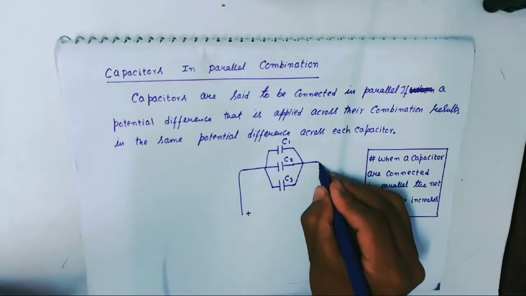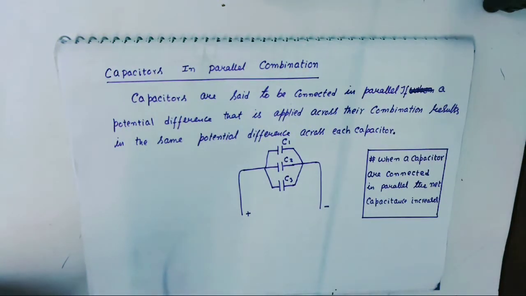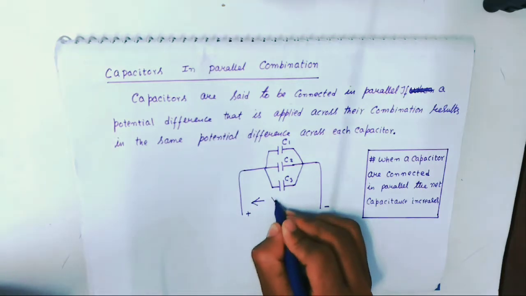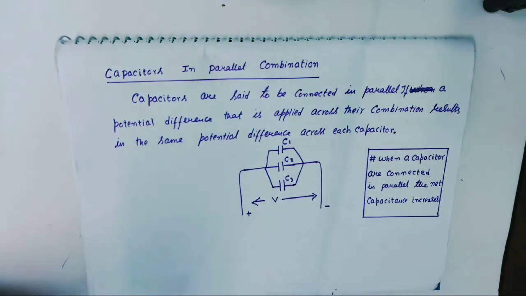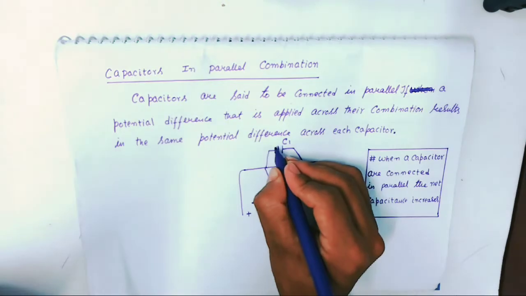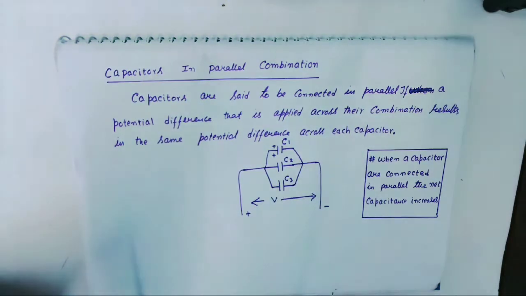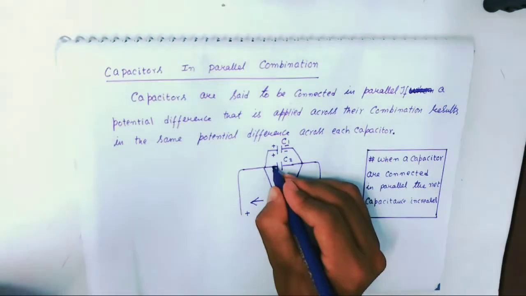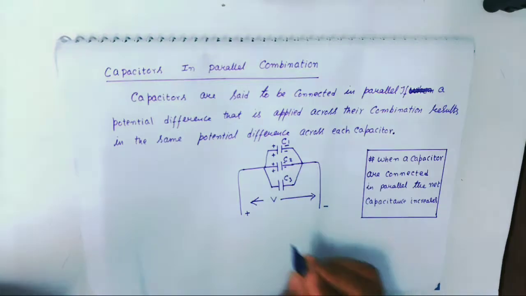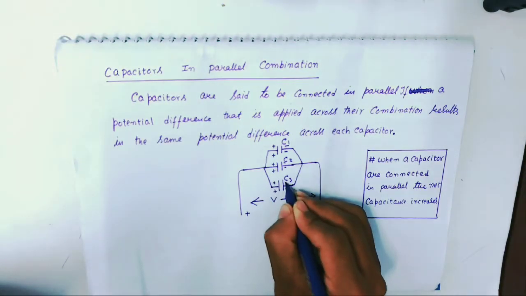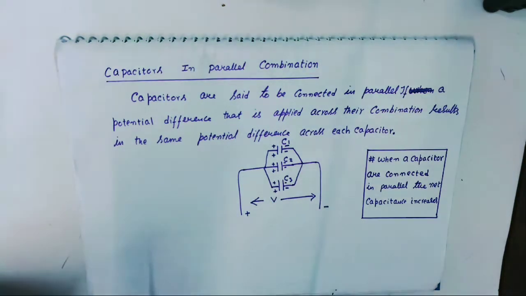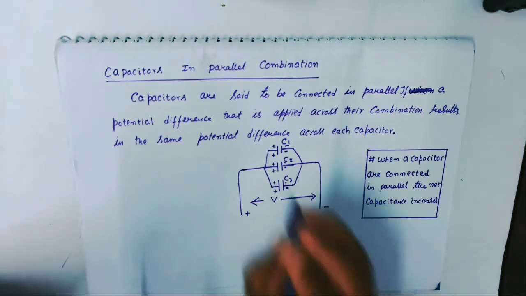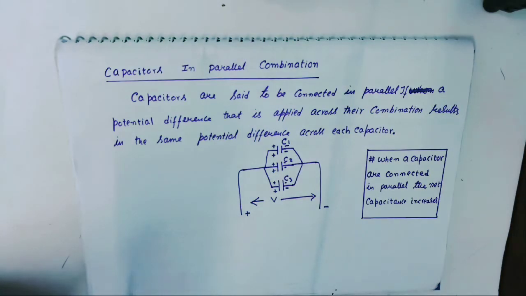Say this one is plus, this one is minus, this is V. So if a plus charge is given on this plate, the negative charge will be induced in this plate. So similarly here and here also. Remember one thing, for a parallel grouping, the charge through each capacitors are different.